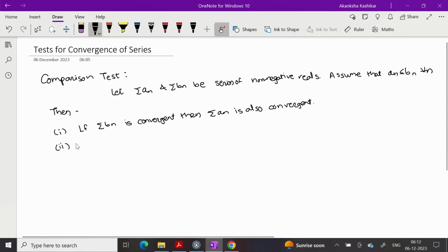The second criterion says, if summation an is divergent, then summation bn is also divergent. That is, if the smaller series diverges, then the bigger series will also diverge.